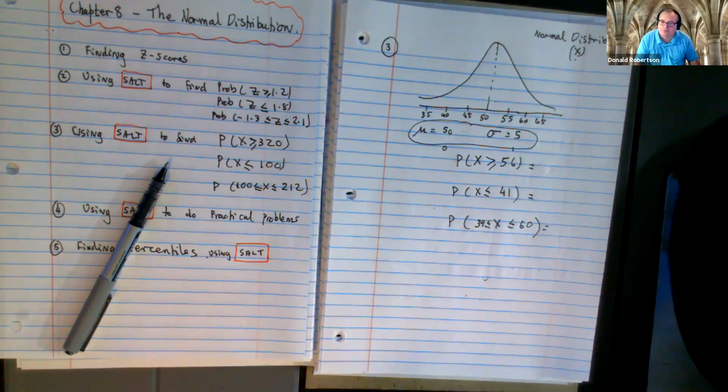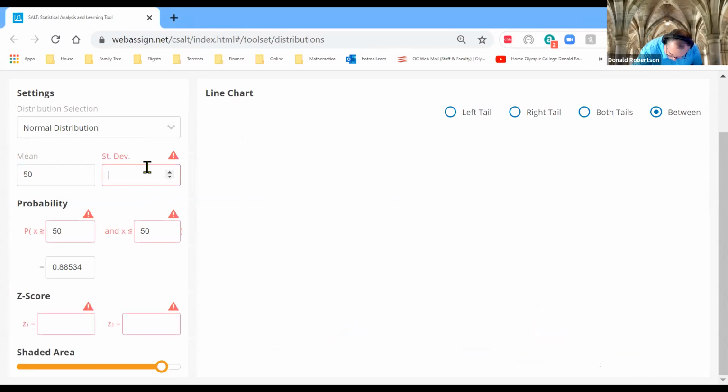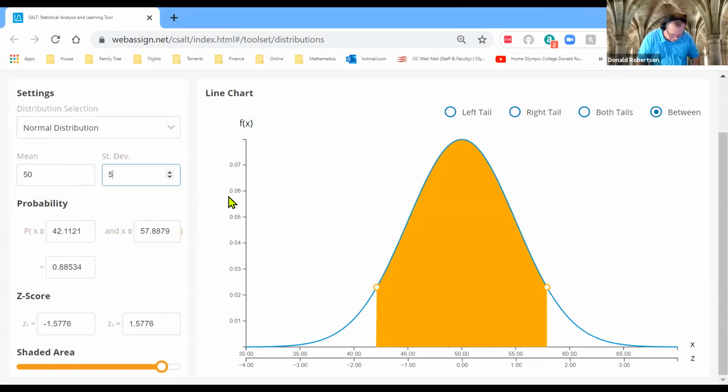I've got these numbers, so I'm going to eventually, if I can click on the button, come on. Darn it, it's a pain in the butt, that thing. Right, and let's show you how to use SALT. We're on the normal distribution. You go to the mean and you change it, in this case, to 50. And the standard deviation, in this case it was 5. And I want X greater than or equal to 56.